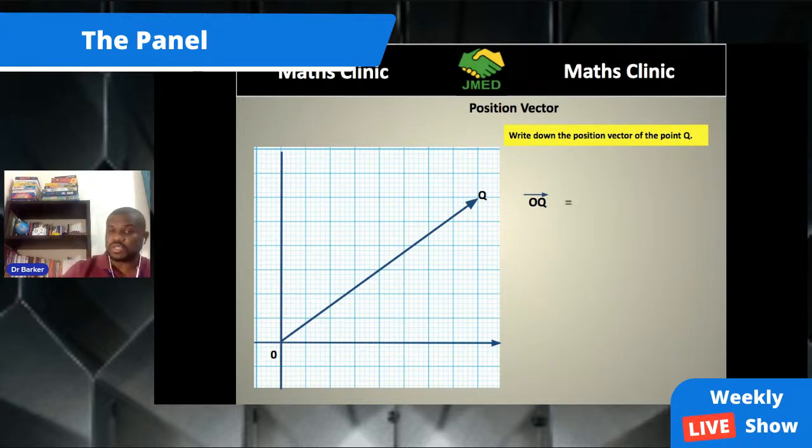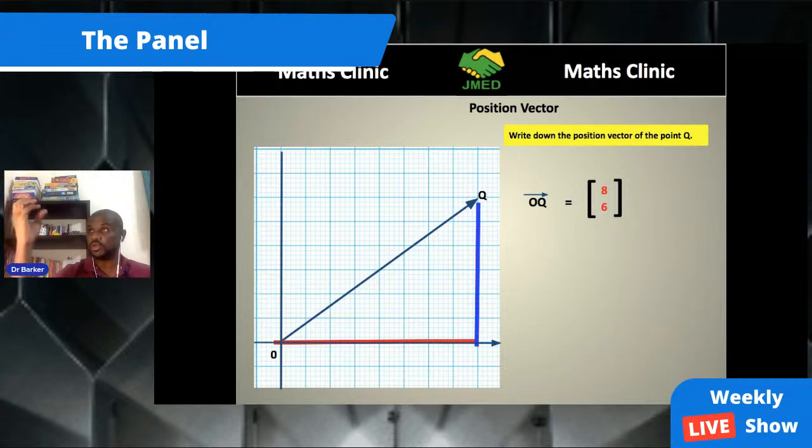The vector OQ is always connected to the coordinate of Q. If we know the coordinate of Q, we know the position vector. We just flip that coordinate into a vertical formation, like a column matrix. And that's it.